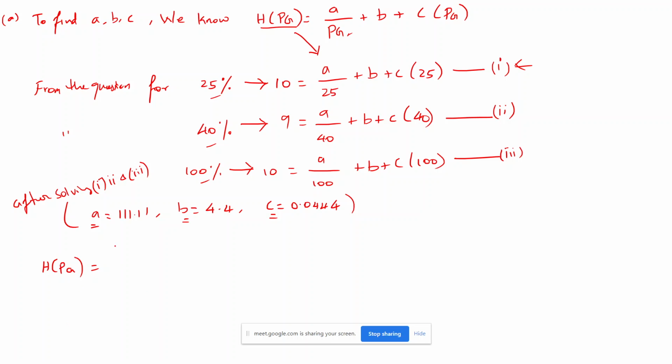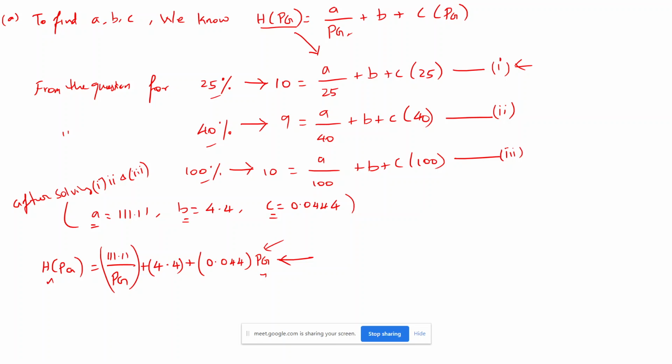A value is 111.11 divided by PG, plus B is 4.4, plus C is 0.044 into PG. So for any given PG, you can find the heat rate. In other words, the heat required to produce the power for a given generator.